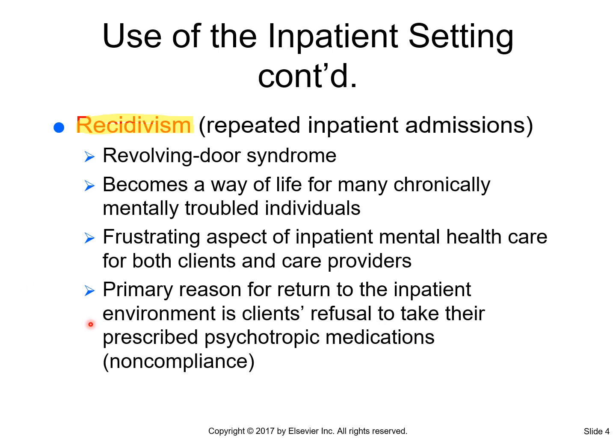The primary reason for return to the inpatient environment is the client's refusal to take their medication. So sometimes we will stabilize a patient and then they will be discharged and go home. And then once they go home, they will be non-compliant.